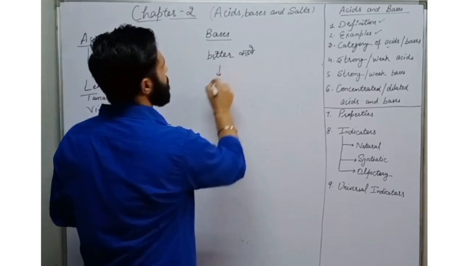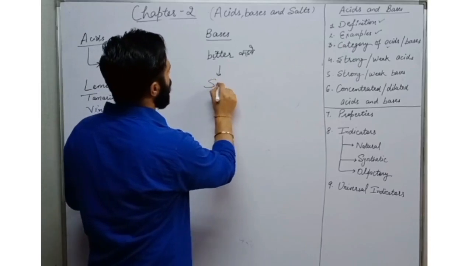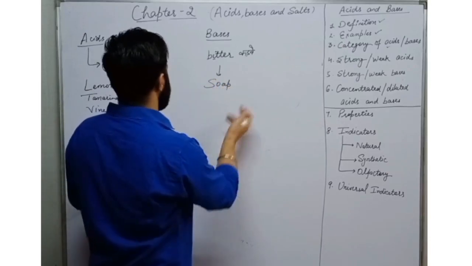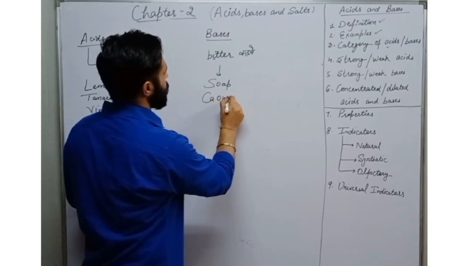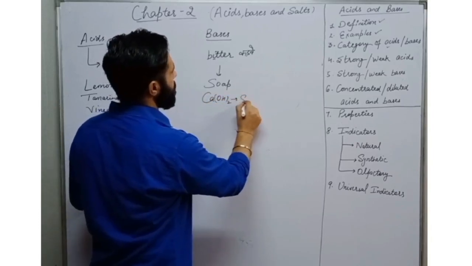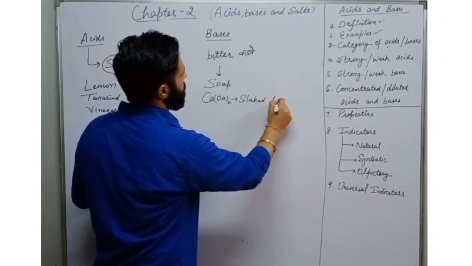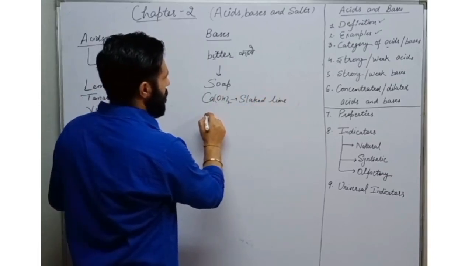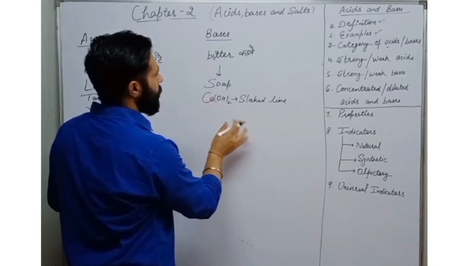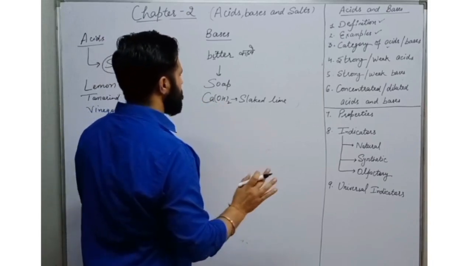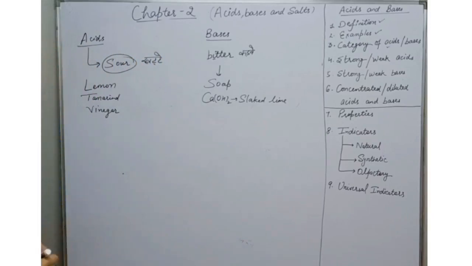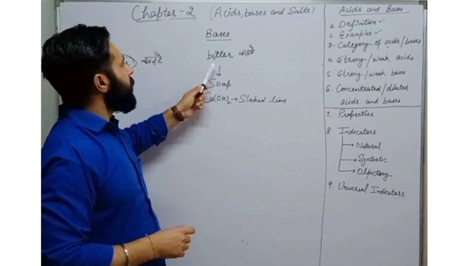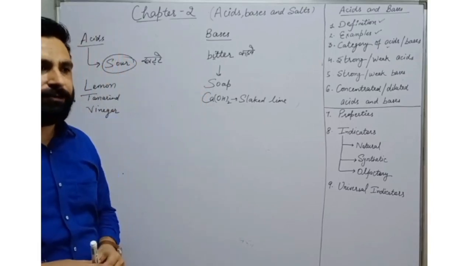And for bases, we can take the example of soap, and Ca(OH)2, which we call slaked lime. So acids are sour in taste, bases are bitter in taste.